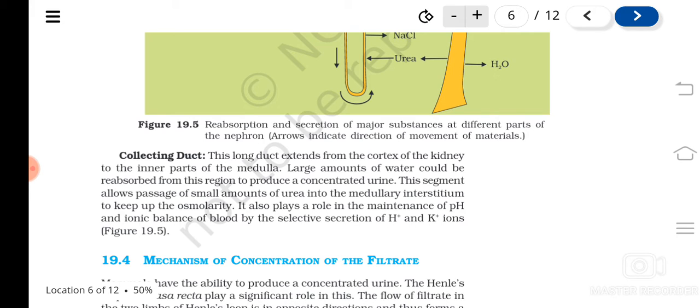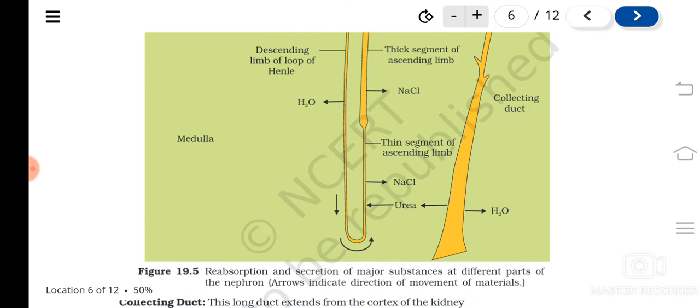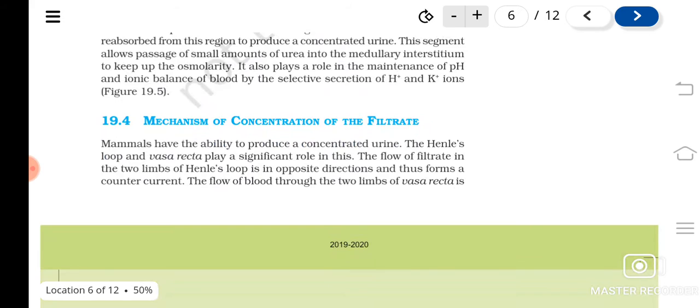Then it also allows the passage of a little bit of urea to the medullary interstitium, so that it can maintain the osmolarity. Why is it important to maintain the osmolarity? Because of that only tubular reabsorption and secretion can take place, and it also plays an important role in the maintenance of pH and ionic balance of the body, and selective secretion of H plus and K plus ions.